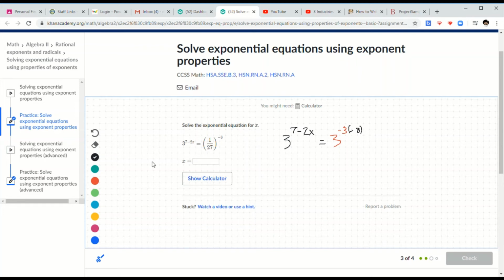So I'm going to switch that up, and now it's going to become 3 to the 7 minus 2x, and this becomes a positive 24 because we're multiplying. We're going to apply the log trick, and we're going to be left with 7 minus 2x is equal to 24. Take it away.